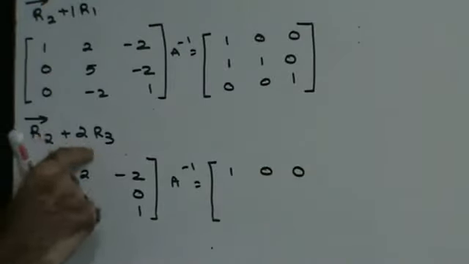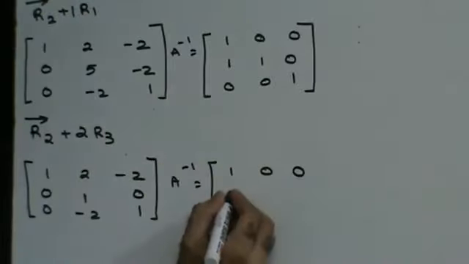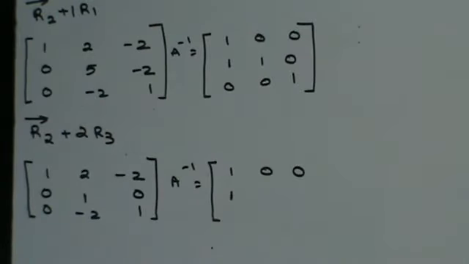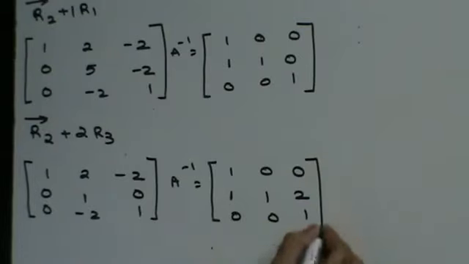Same thing here, R2 plus 2R3: 1 plus 0, 1, 1 plus 0 again, 1, 0 plus 2, that is 2, 0, 0, 1.